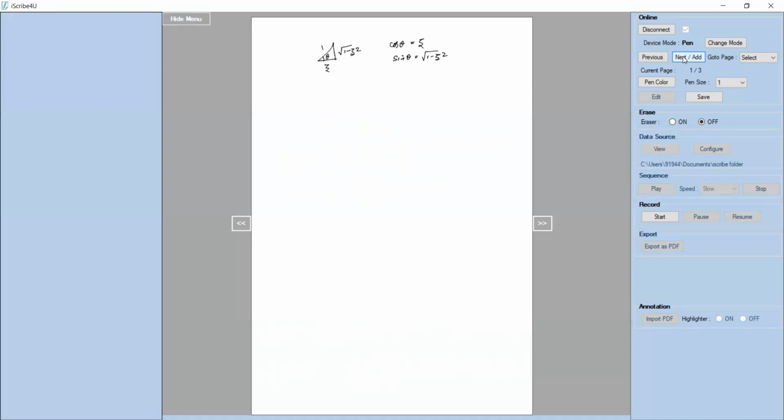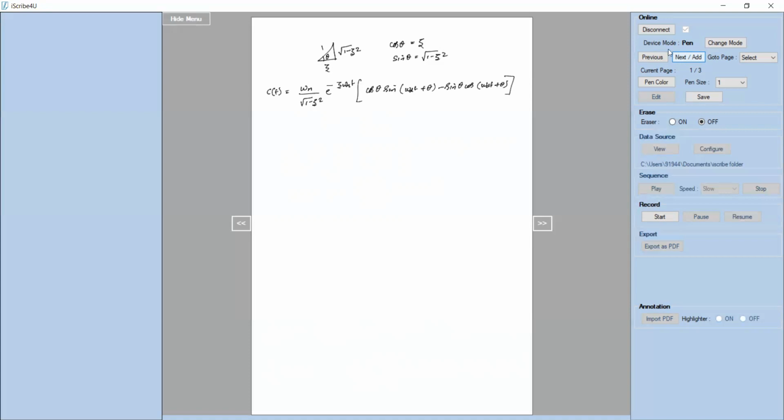So extending this relation to the c of t expression, I can write it as omega n divided by square root of 1 minus zeta square e power minus zeta omega n t multiplied by cos theta sin omega dt plus theta minus sin theta cos omega dt plus theta.